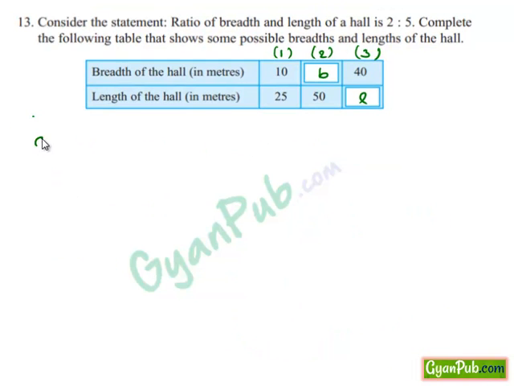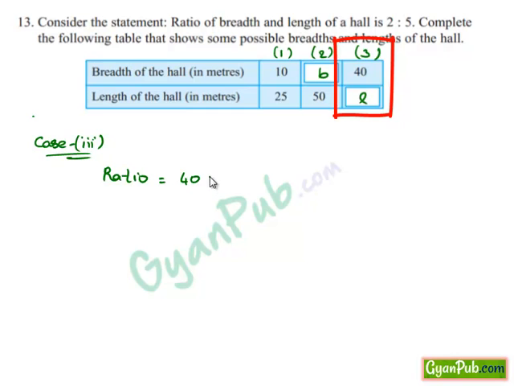Similarly, take down the third case, that is dimensions of hall in the third column. The required ratio between breadth and length is 40:L, as breadth of the hall is 40 and length of the hall we have considered as L. This should be equal to 2:5, as they have given ratio of breadth and length of the hall is 2:5. This can be written as 40/L is equal to 2/5.